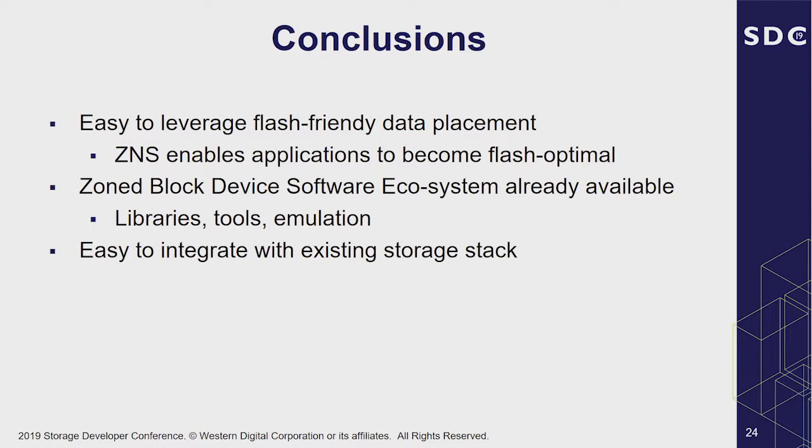So I'm trying to figure out what you really mean about CNS enabling flash optimal. Flash optimal is this knowledge about the erase units, basically, the zones. Okay, but those would not have to be block address based. They could be based on some of the other techniques provided within NVMe, such as the directives of streams.